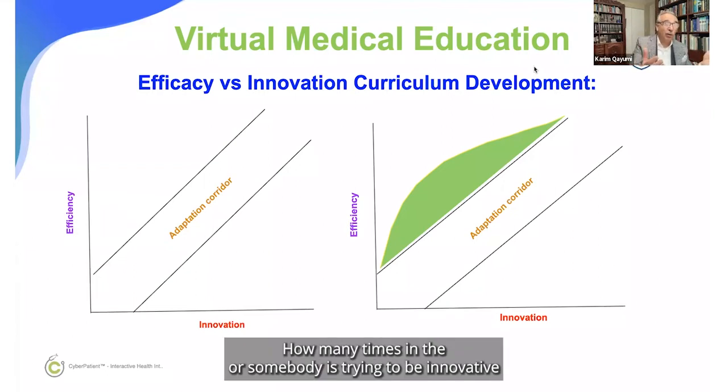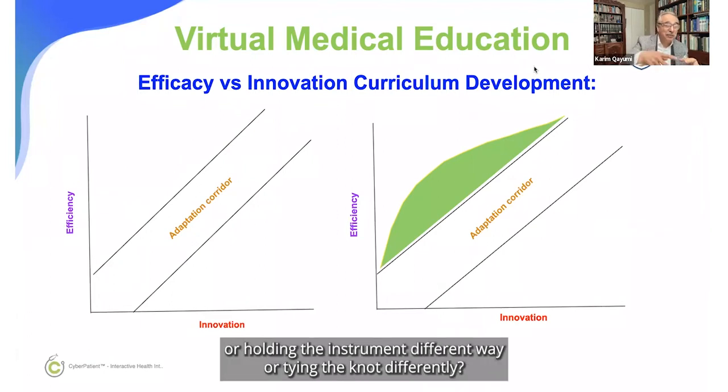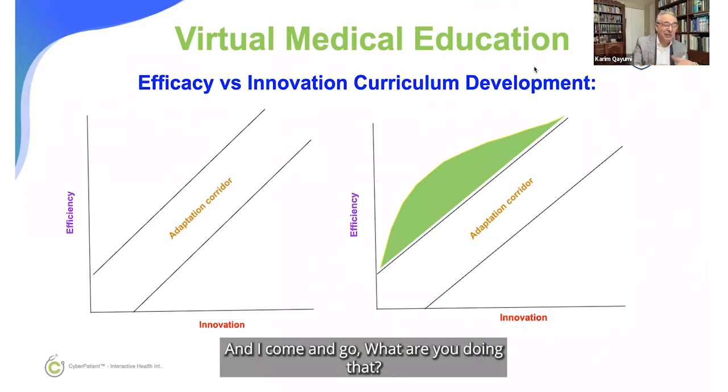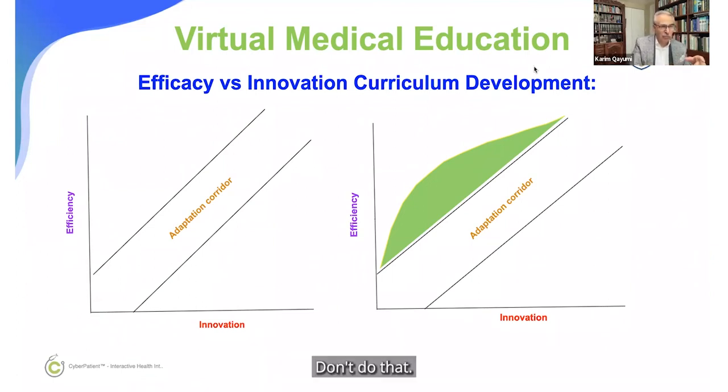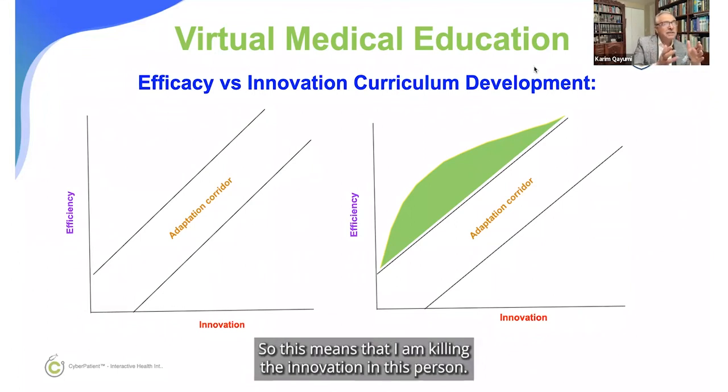How many times in the OR somebody is trying to be innovative or holding the instrument a different way or tying the knots differently, and I come and say, what are you doing there? Don't do that. Do it exactly the way I told you. So this means that I am killing the innovation in this person.